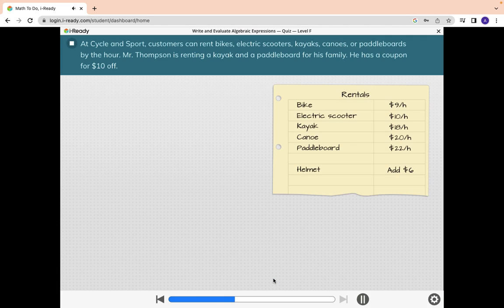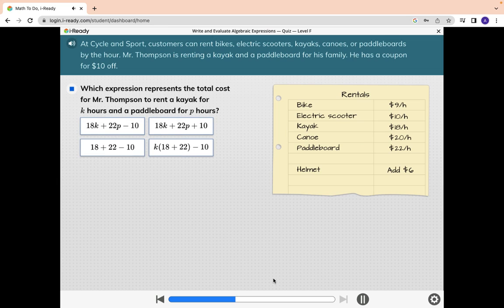At Cycle and Sport, customers can rent bikes, electric scooters, kayaks, canoes, or paddleboards by the hour. Mr. Thompson is renting a kayak and a paddleboard for his family. He has a coupon for $10 off. Which expression represents the total cost for Mr. Thompson to rent a kayak for K hours and a paddleboard for P hours?